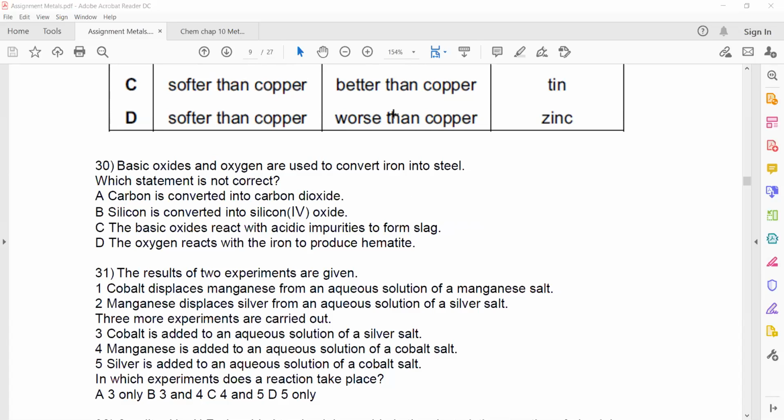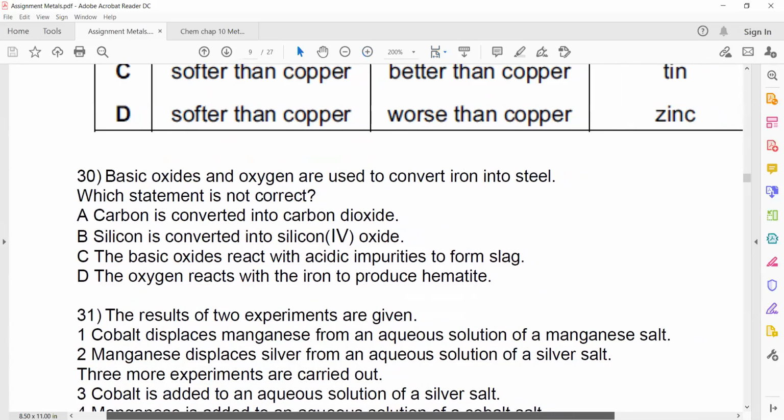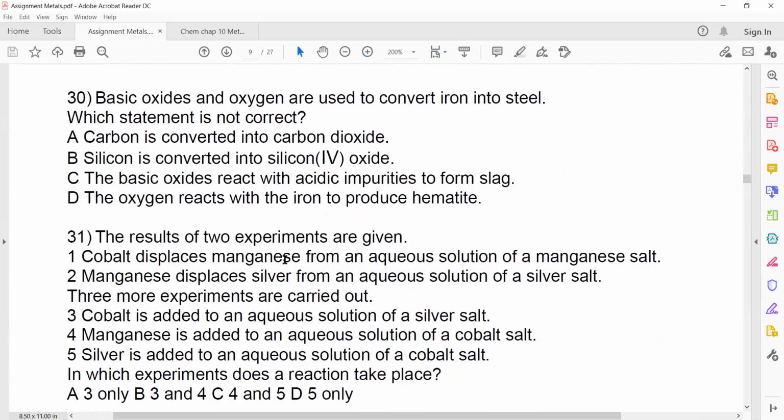Question 30. What's the answer for question 30? Which statement is not correct?